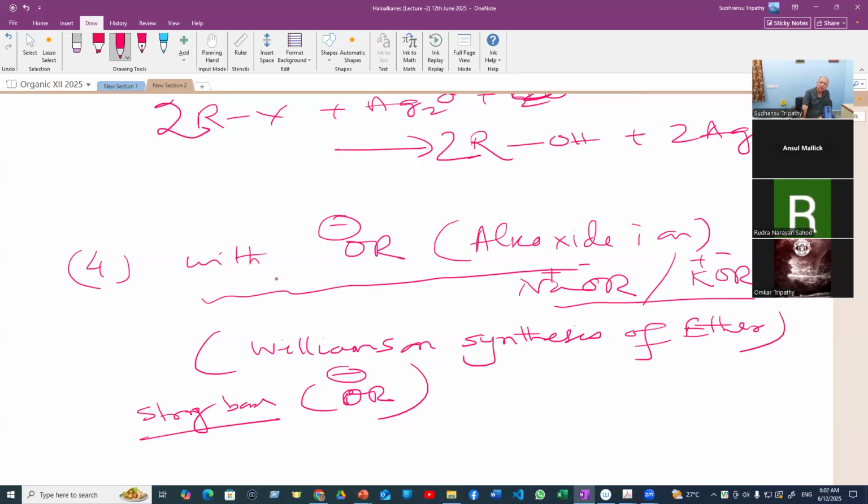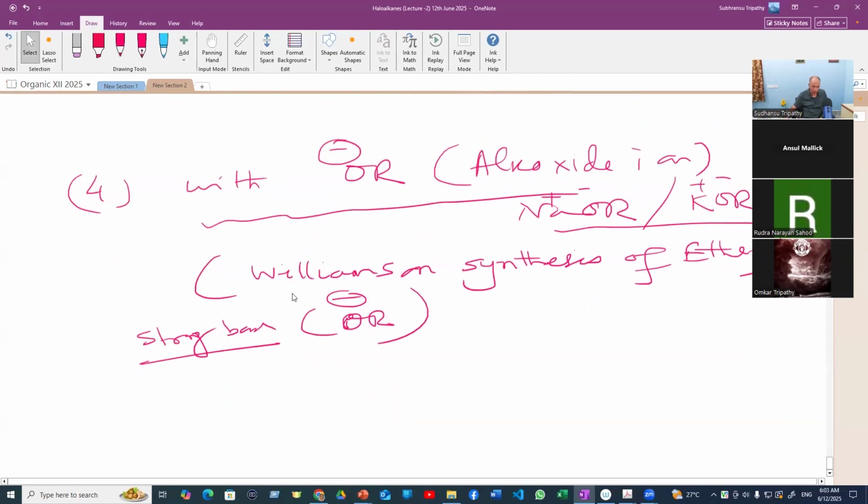Methoxide, all alkoxide ions are slightly stronger than hydroxide, because water is a stronger acid than all alcohols excepting methanol. Therefore, OH minus ion is slightly weaker base than alkoxide ions. But all of them are strong bases, being the conjugates of weak acids, alcohol and water.